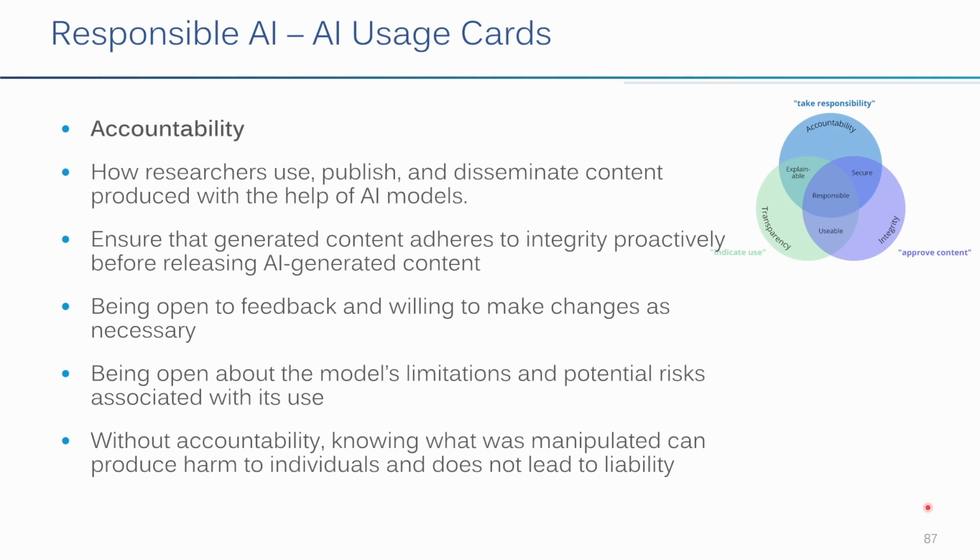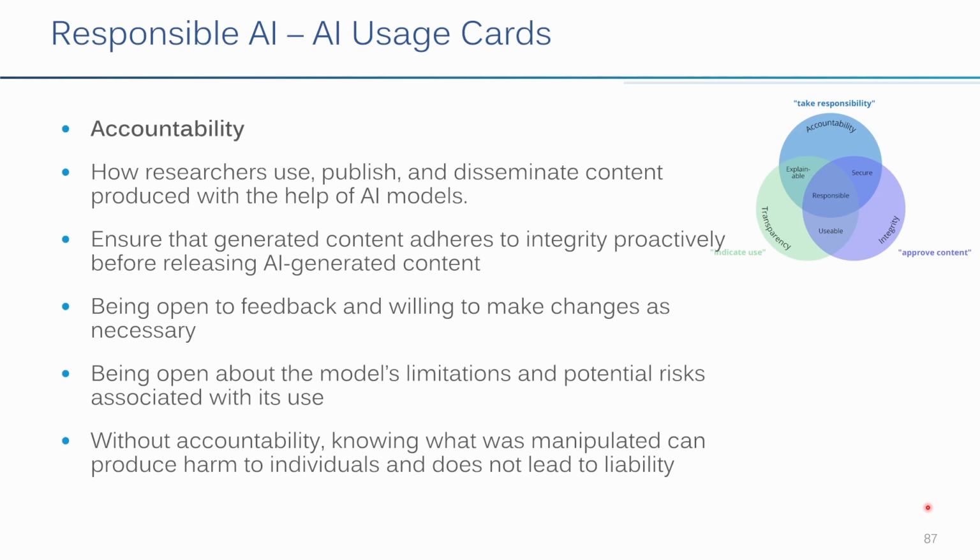And then accountability goes in the same direction that we had for the model cards, and is concerned with how researchers use, publish, and disseminate content produced with the help of AI models. The idea of having someone held accountable is that we are able to trace who generated the model and who used the model.